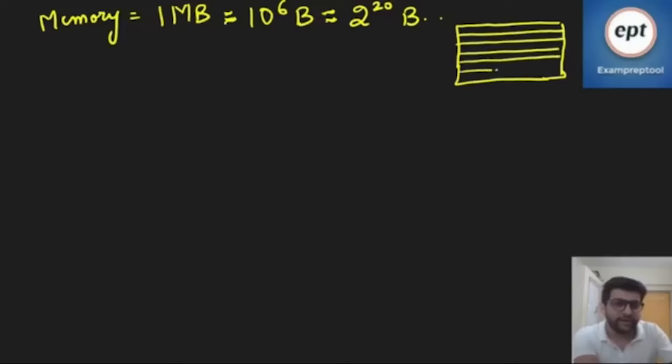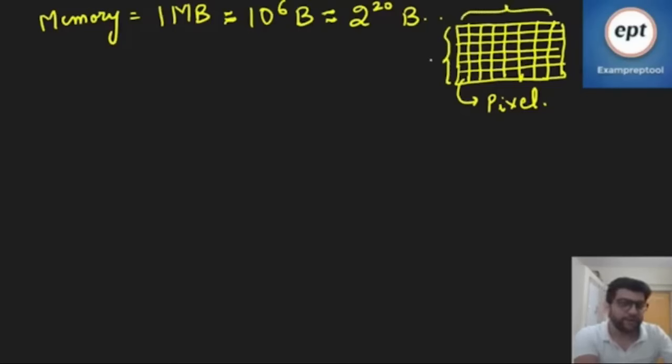Every unit in this grid is known as a pixel, right? And resolution is the number of pixels on this side and the number of pixels on this side. This is known as resolution.